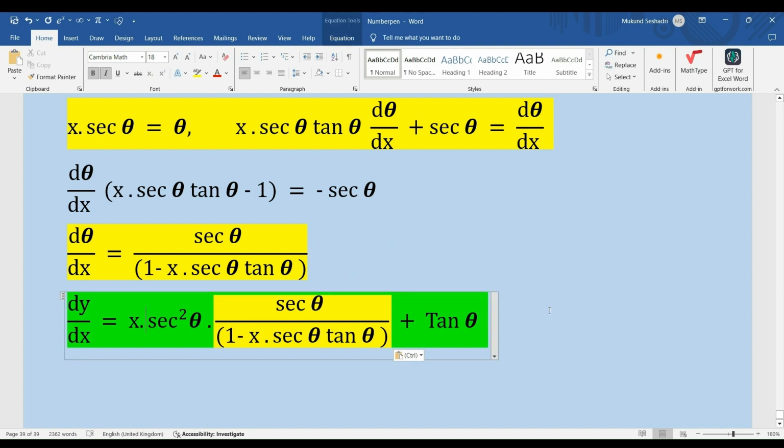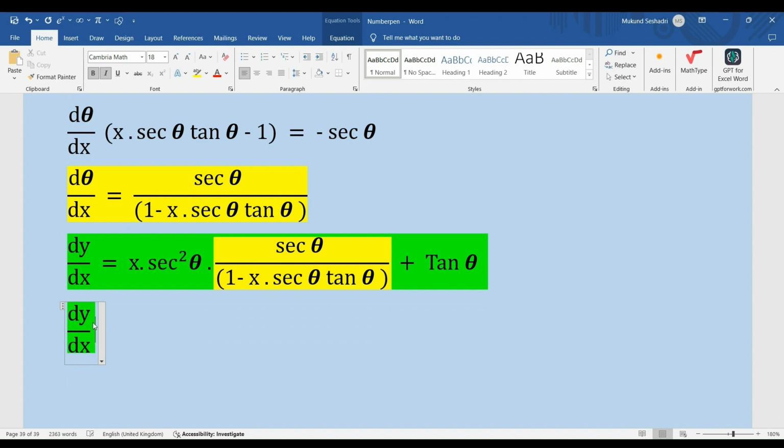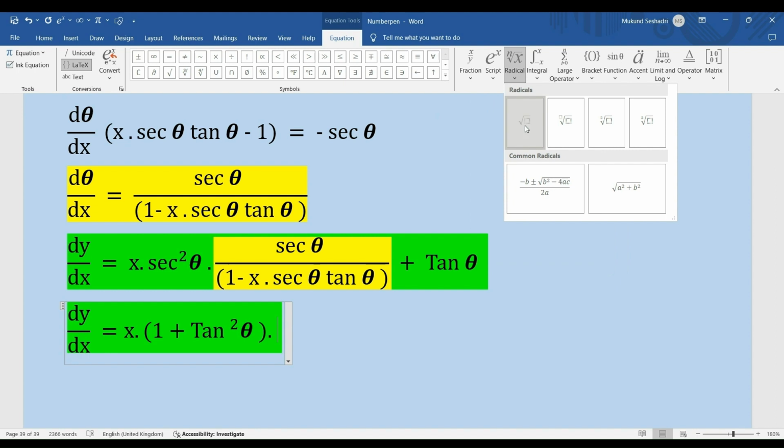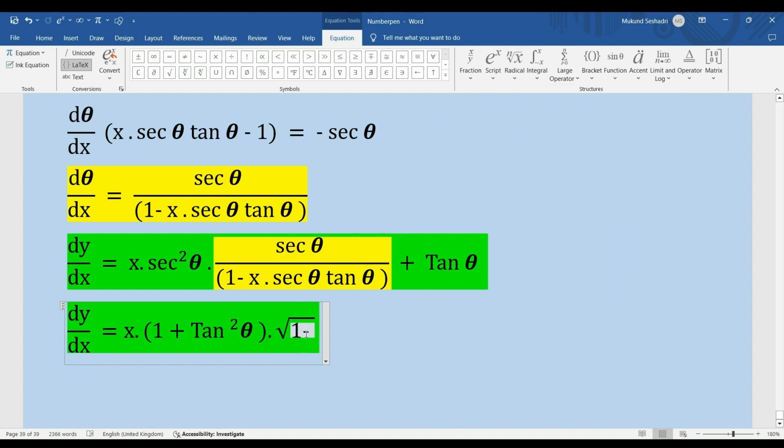So what is my secant square theta? My dy by dx equals x times secant square theta minus tan square theta equals 1, right? So I can write this as 1 plus tan square theta, and secant theta is nothing but square root of 1, I'm sorry, 1 plus tan square theta, right?